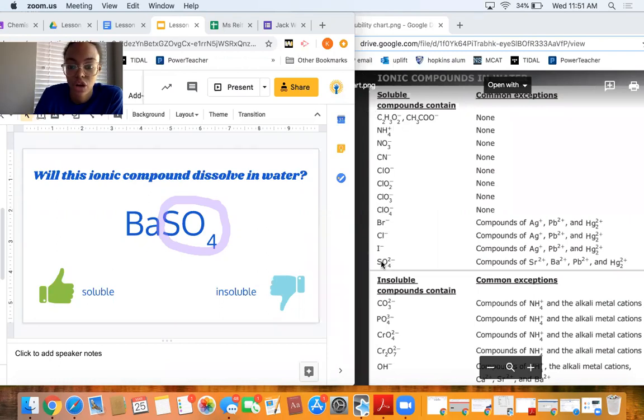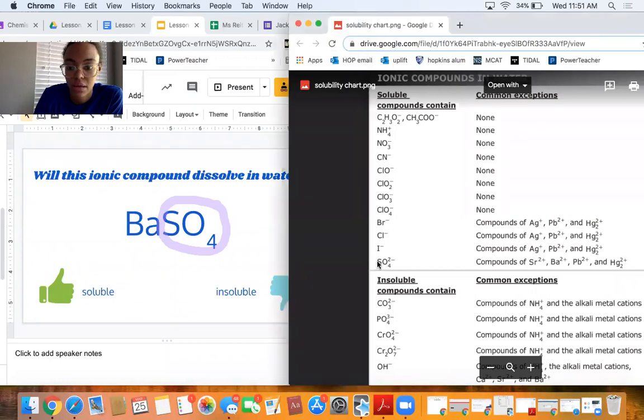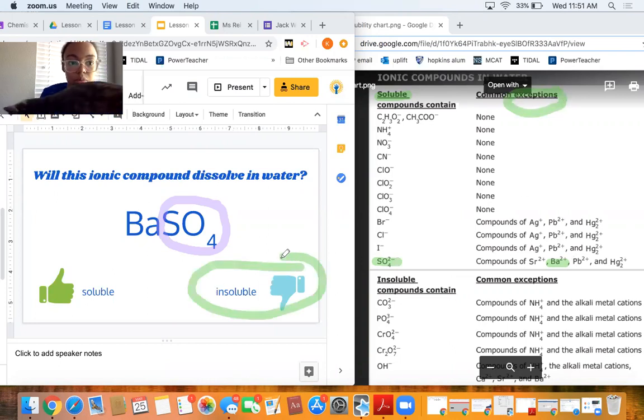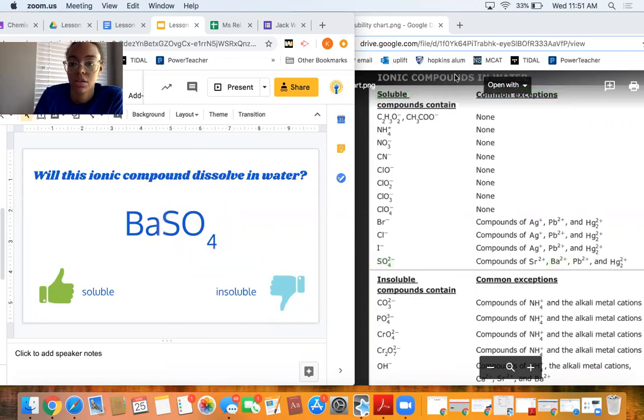So SO4 is right here, okay? It is normally soluble. Common exceptions right here, Ba is an exception to being soluble. That means this one would be insoluble. Let's clear and move on to the next one.